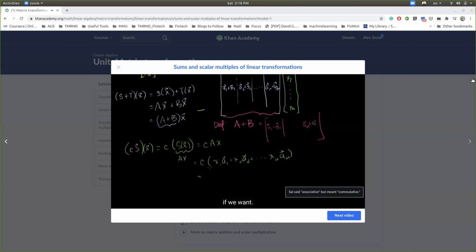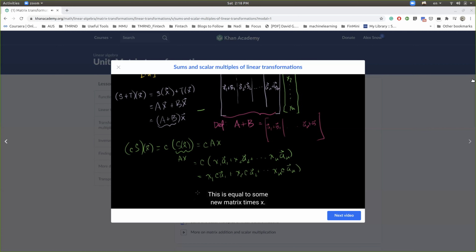We know that scalar multiplication is distributive, so we can write this as x1 times cA1 plus x2 times cA2, all the way to xn times cAn. Now, what is this equal to?